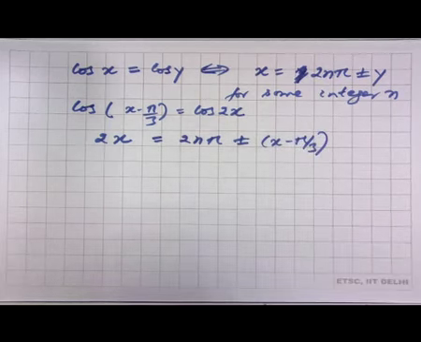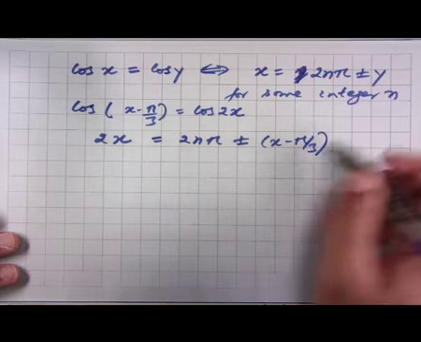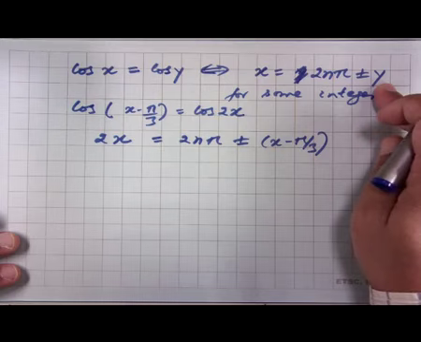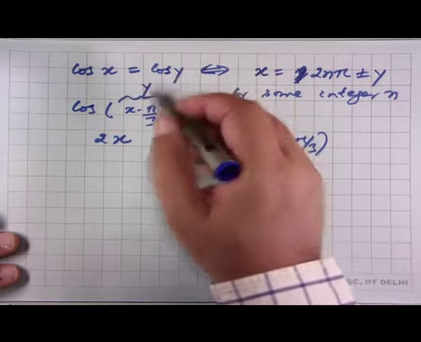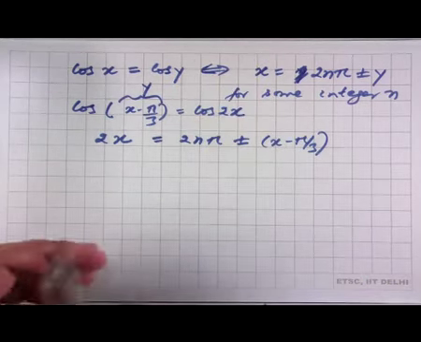So this is what must be true. Essentially what we are doing here is we are using this equation, and we are taking this as our y in this equation, and this we are taking as this x.